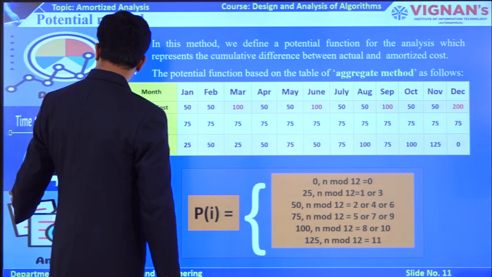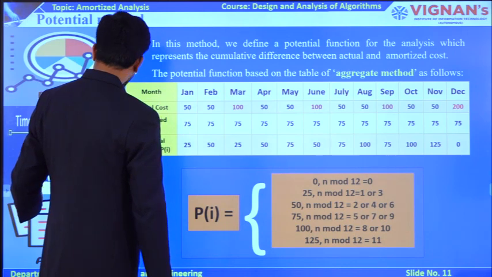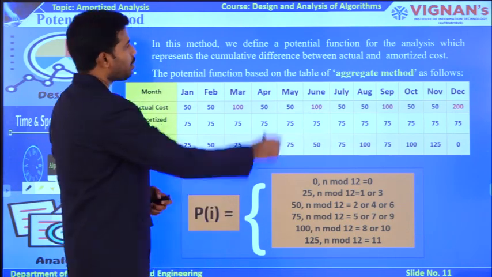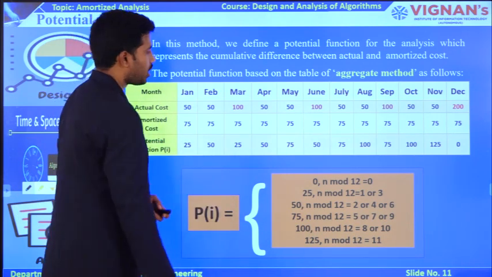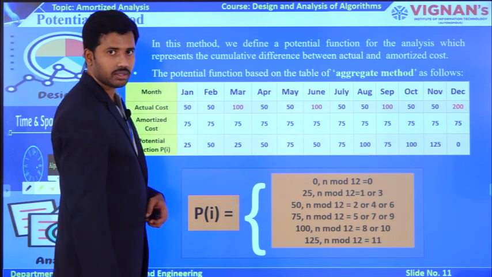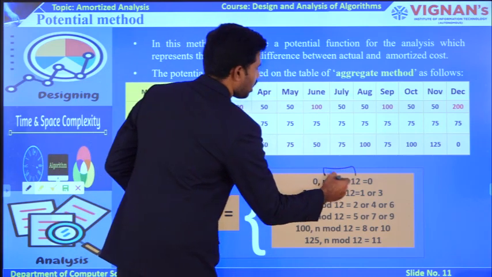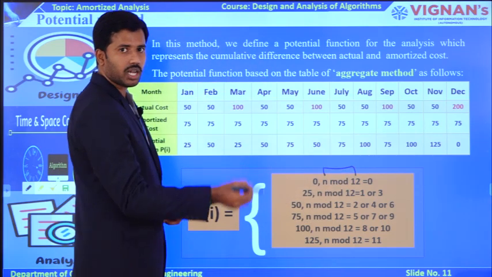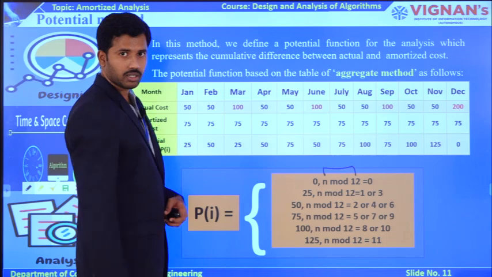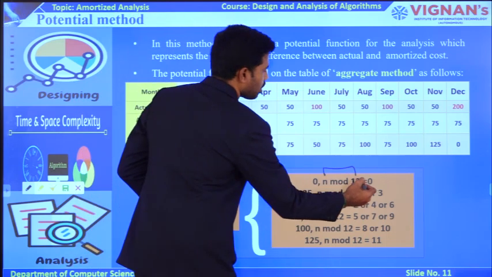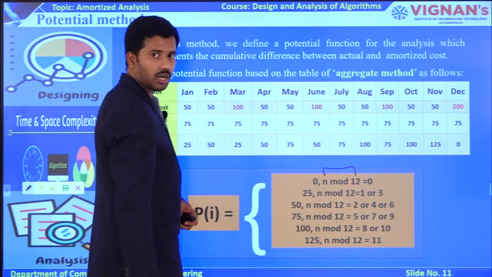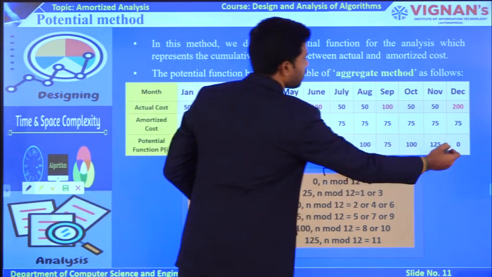So the potential function is going to look like this. How many months are there? 12 months, so the values start from 0 to 11. So n mod 12, where n can be any month, January, February, March, up to December. What happens if I take n equal to 12? 12 mod 12 is 0.